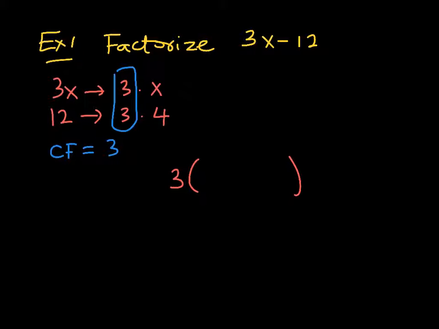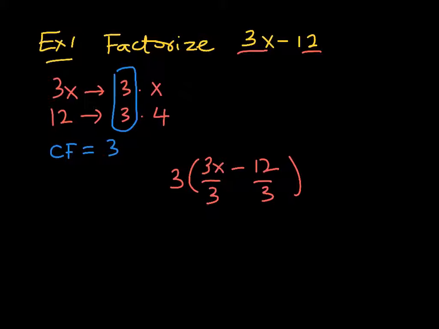We write the two terms that we are working on within the bracket, 3x minus 12. And then we also go to the next step and divide each of these terms by the common factor, which is 3 and 3.